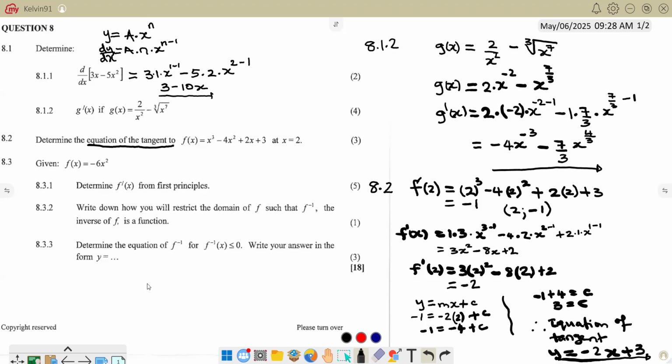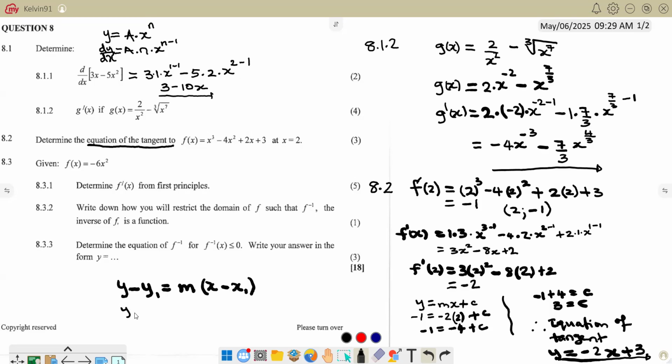It says y minus y1 equal to m open bracket x minus x1 close bracket, where y1 and x1 are representing the coordinate that we are using to get the equation of the line.